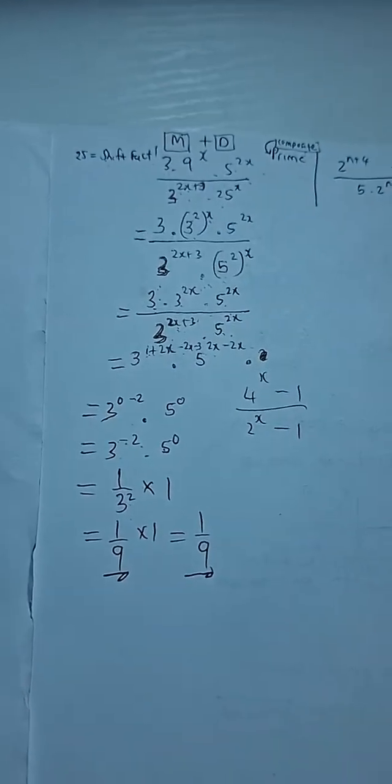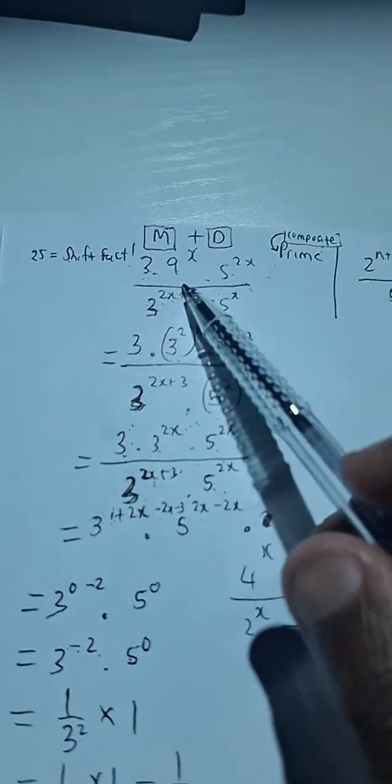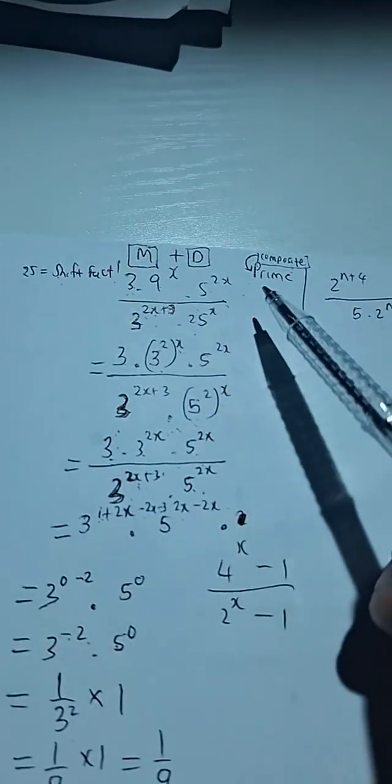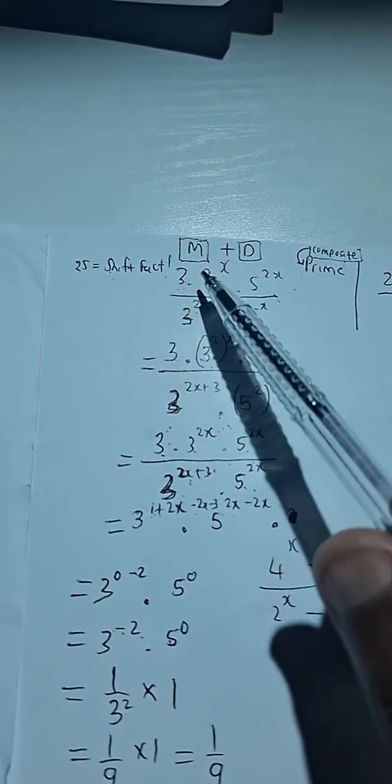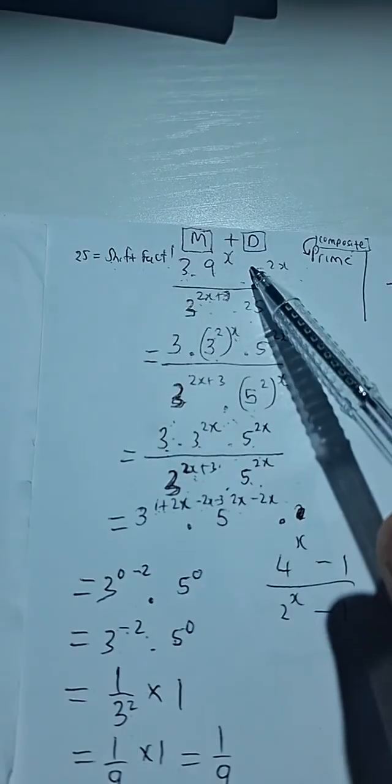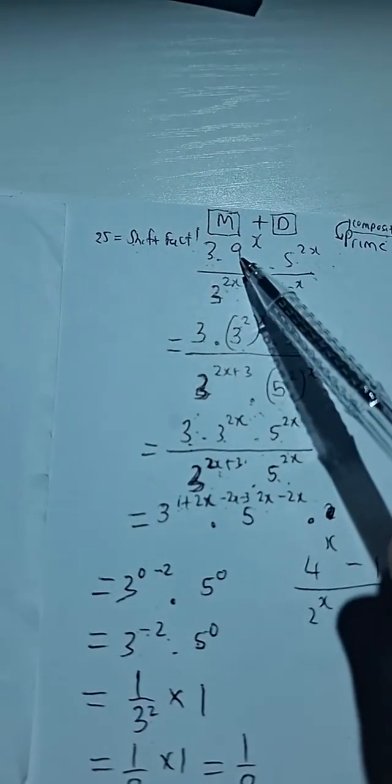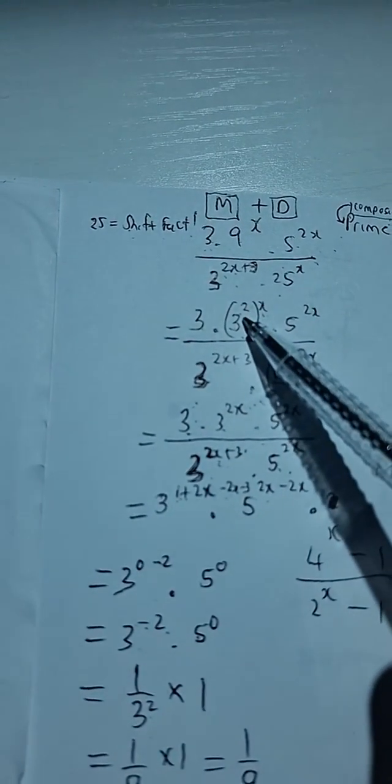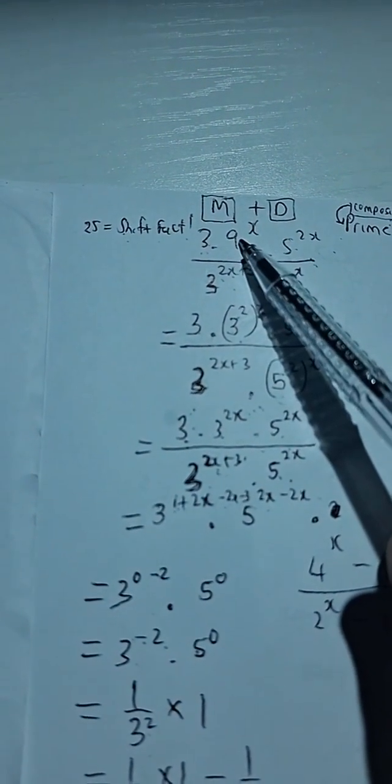So initially, that question may have looked the way it did, but it is not difficult. It's a matter of changing all bases that are composite numbers to prime bases and writing them in exponent form.